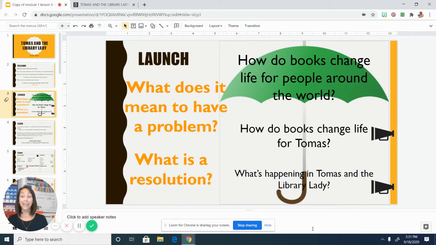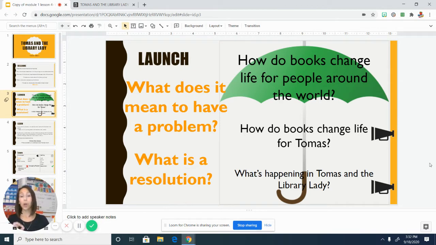So today we're going to take a closer look at Tomas and the Library Lady and try to find the problem and the resolution. Before we jump into that, just a quick reminder about our pizza questions. Our big pizza question is, how do books change life for people around the world? We're not quite ready to answer that yet. We have a few more books to read to help us answer that question.